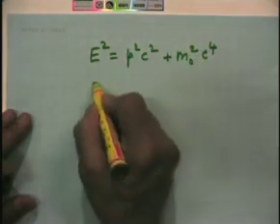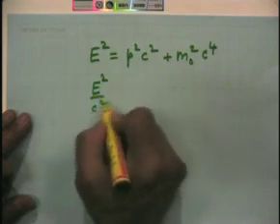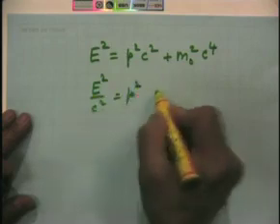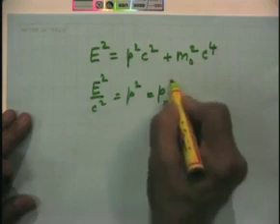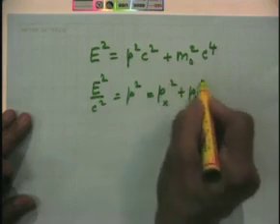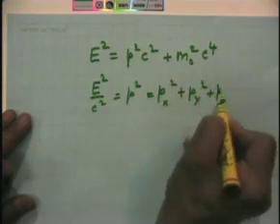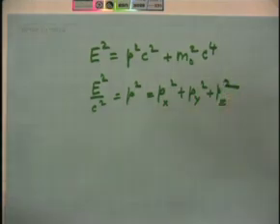So, you have E square by C square is equal to P square, and P square is equal to P x square plus P y square plus P z square. Therefore, for the photon P x square plus P y square plus P z square is equal to E square by C square, and in the S prime frame P x prime square plus P y prime square plus P z prime square is equal to E prime square by C square.